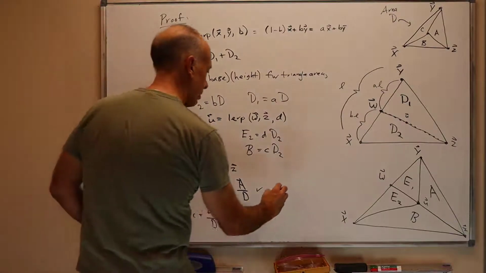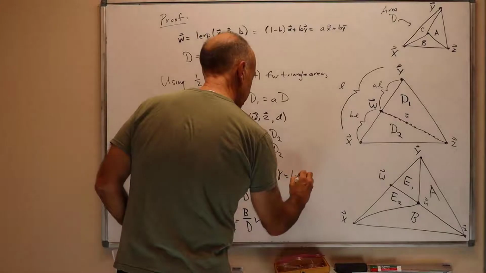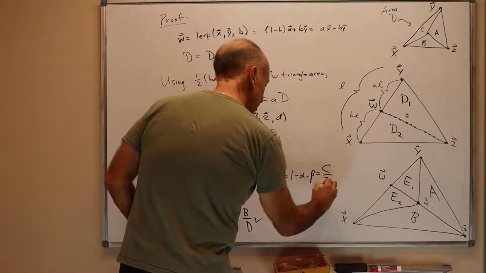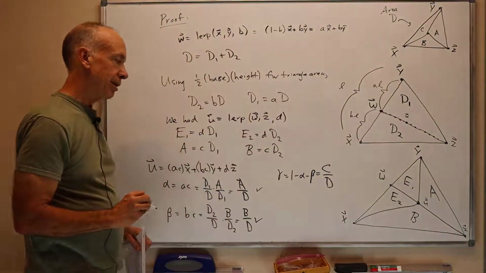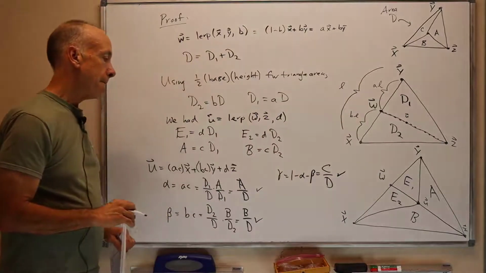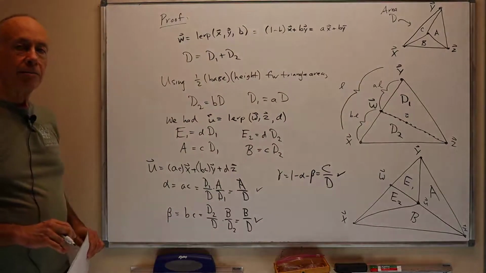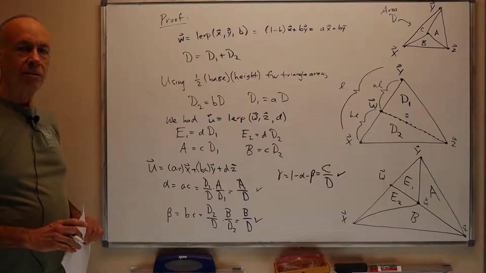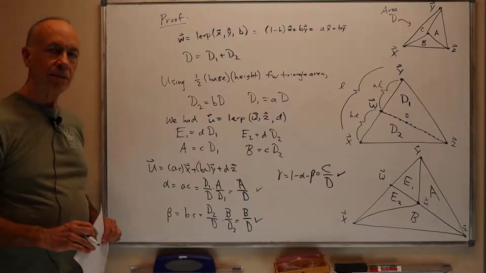The final thing we needed was gamma, and gamma is 1 minus alpha minus beta. So that's equal to C over D, since A plus B plus C equals D. And that proves the theorem. On the next board, we'll do an example of how to use this theorem to compute barycentric coordinates.